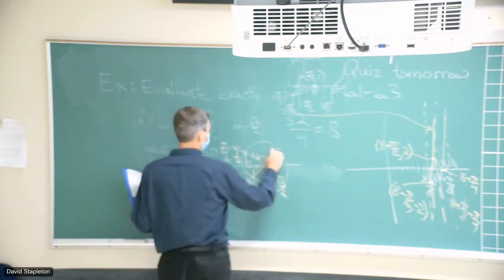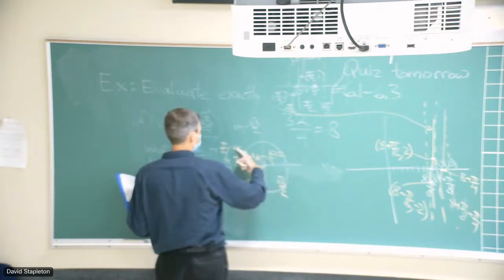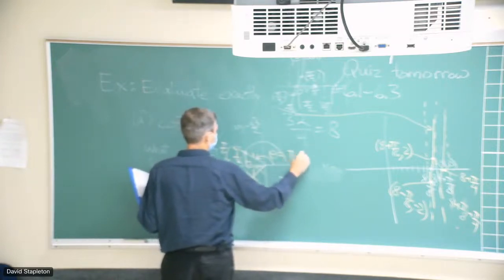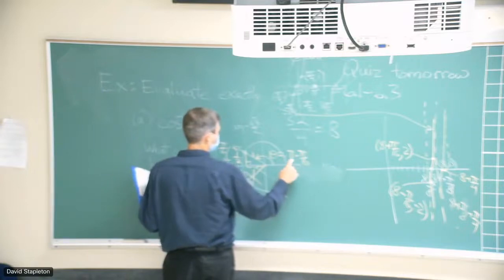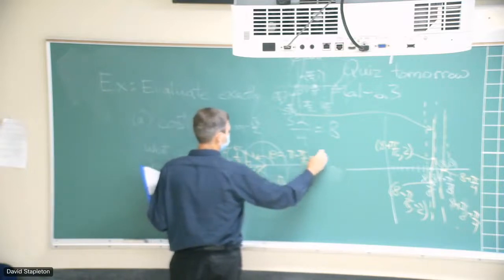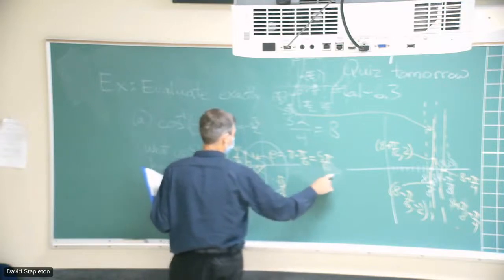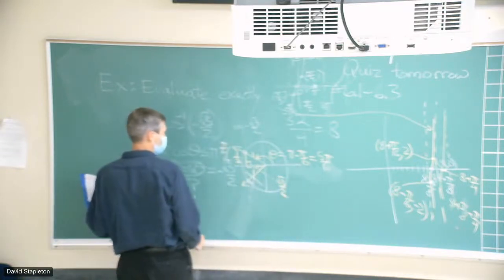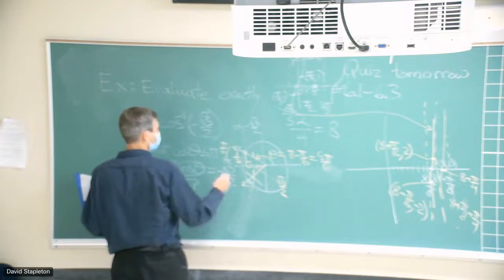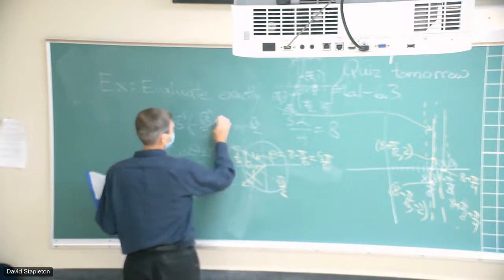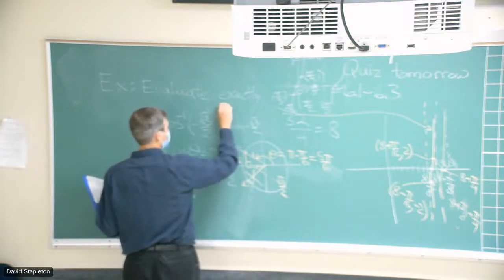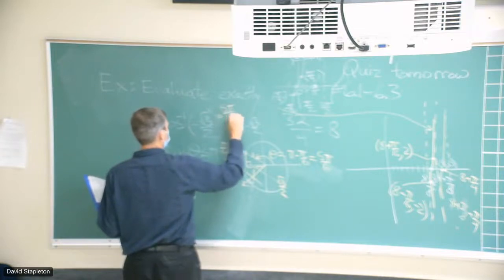So this one, theta, must be pi less pi/6. Well, 1 pi minus 1/6 pi is 5/6 pi. So the answer to this one is 5 pi/6 exactly.